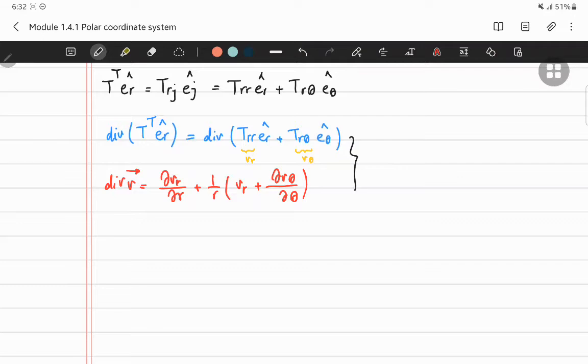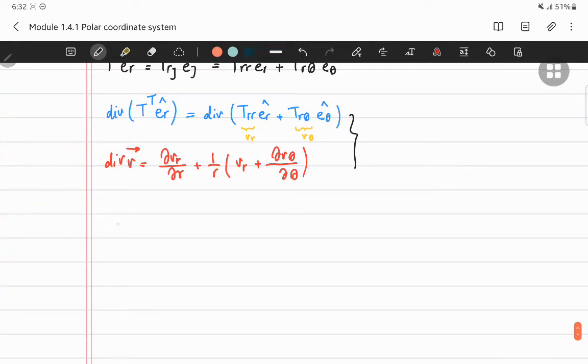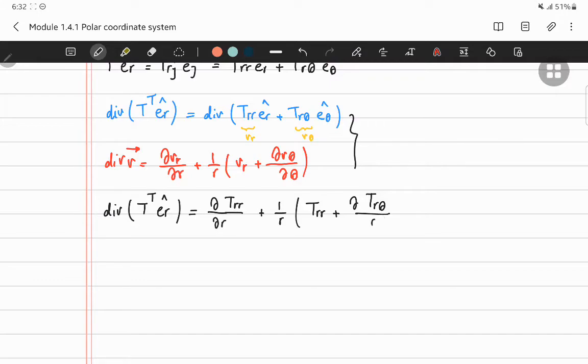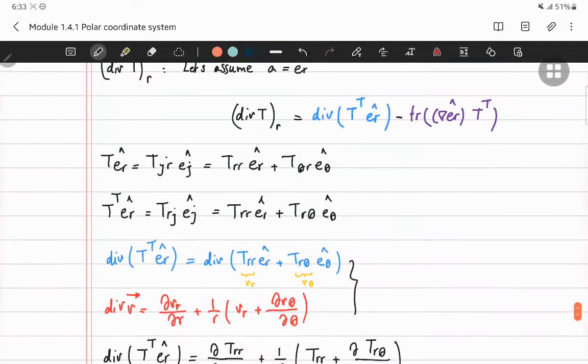So from here, I can write that the divergence of T transpose e_r is equal to, this is V_r, so this is the partial of T_rr, plus divided by r, then we have V_r, T_rr plus partial of V_θ, which is T_rθ, θ. Perfect. Now we have the first expression here.